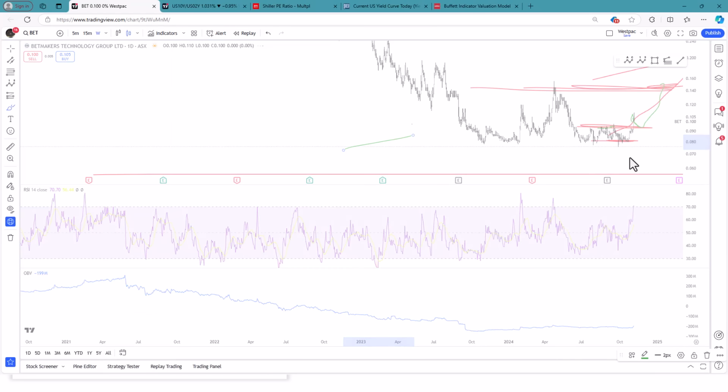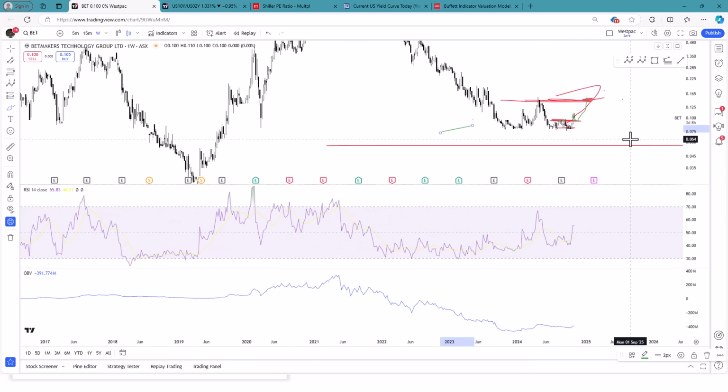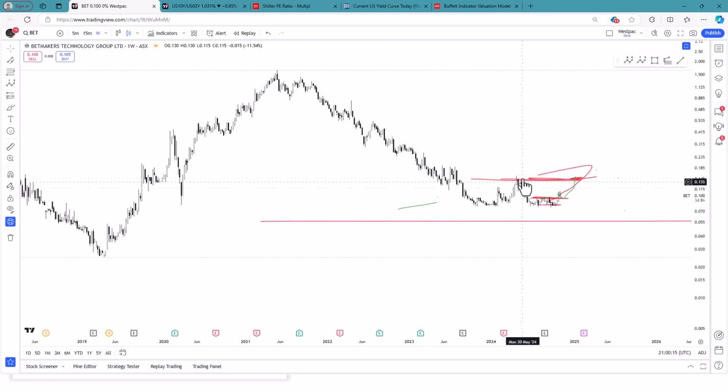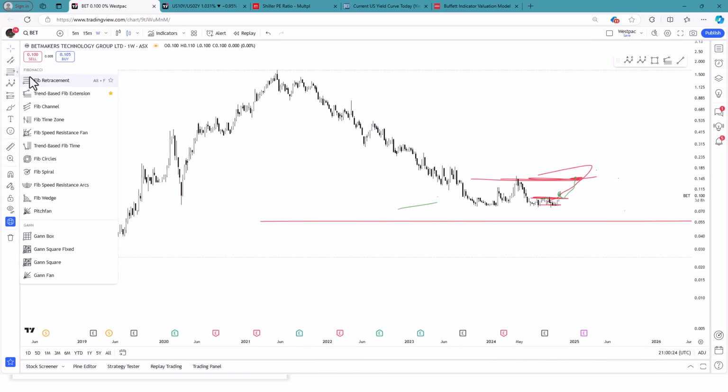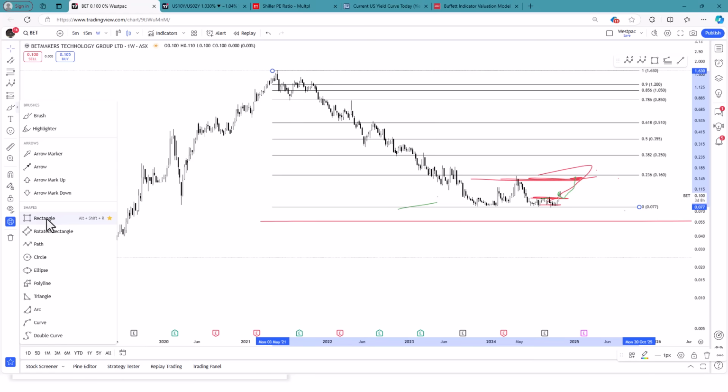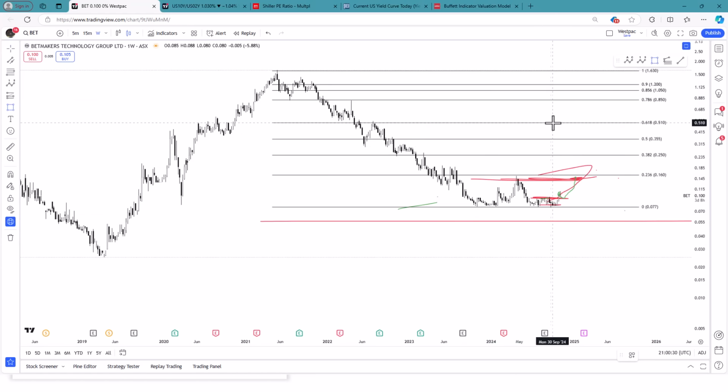Because if you zoom out to the weekly, then you'll have a double bottom reversal. So a lot of work to do, but it needs to get up through here to confirm the double bottom reversal. Then you'd be looking for at least a nice retracement up to that kind of 25 cent zone. I'd be looking for some kind of move up to here at least.